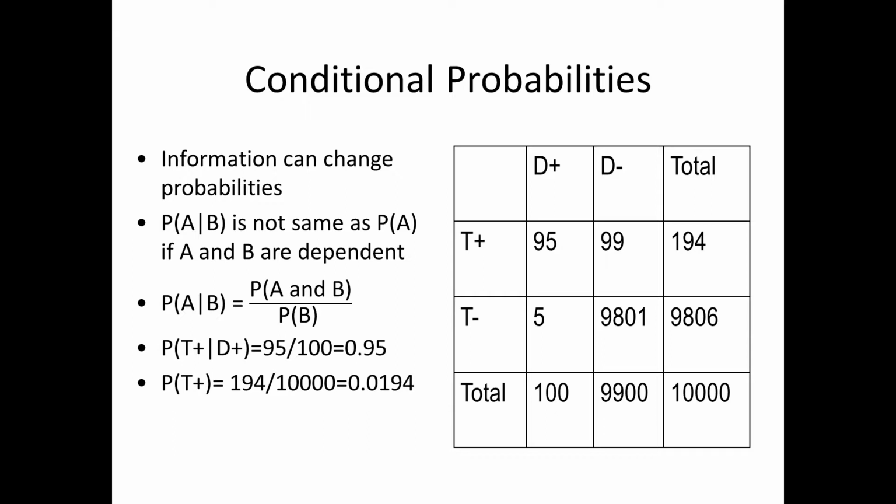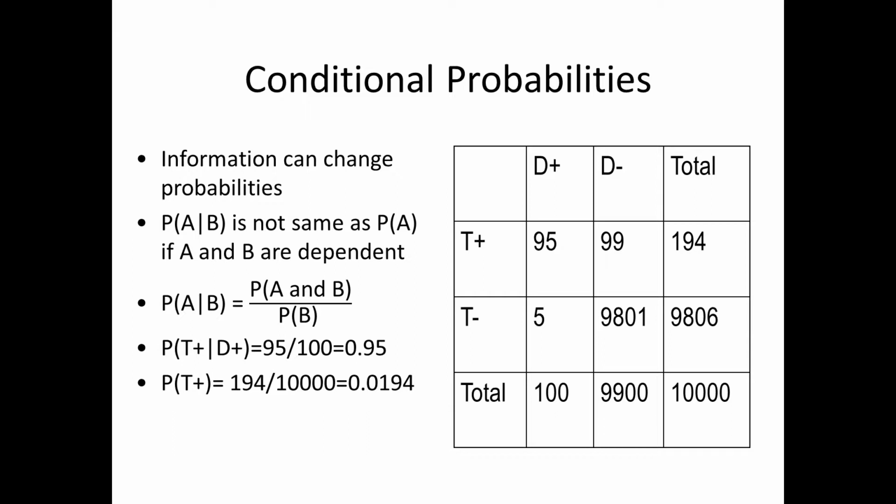So the probability of A, given that B has happened, is not the same as the probability of A if A and B are dependent upon one another. That you may need to think about a little bit. This isn't terribly intuitive. It does take some effort.